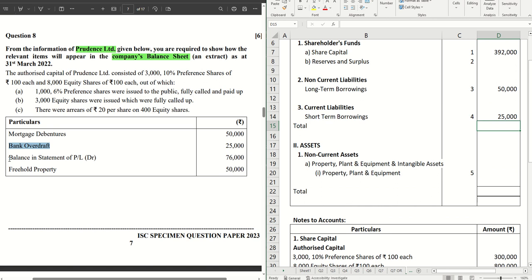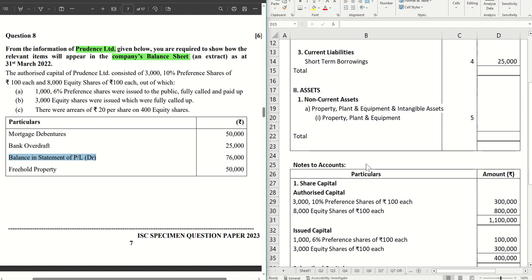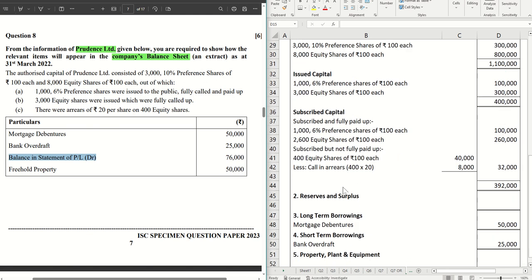Then we have the balance in statement of P&L. Debit balance is given, 76,000. This is part of reserves and surplus. So you go to your reserves and surplus. Under this, you mention the P&L account debit balance, 76,000, and since it's a debit balance and we don't have anything else, you have to write it in brackets as a negative figure.